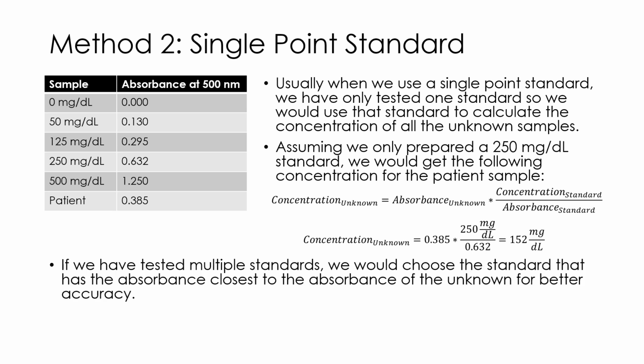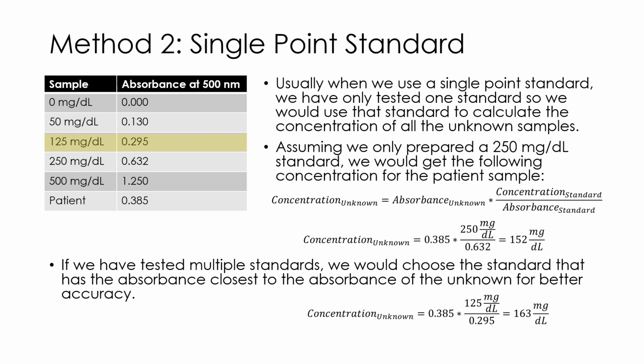If we tested multiple standards, we need to select a single standard to use to calculate the concentration of the unknown. We would select the standard that has an absorbance that is closest to the absorbance of the unknown, since that should yield the most accurate results, assuming the standards were all prepared and tested appropriately. Based on the data in the table, the 125 milligram per deciliter standard has an absorbance closest to the unknown.